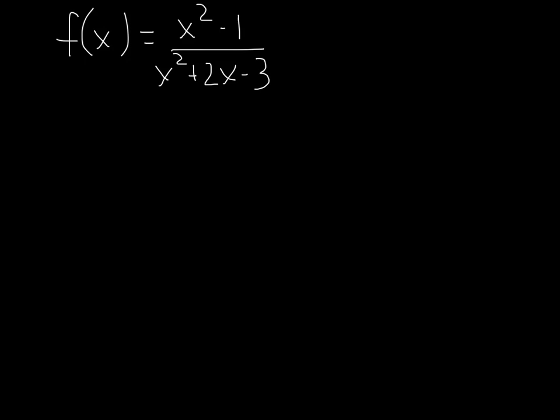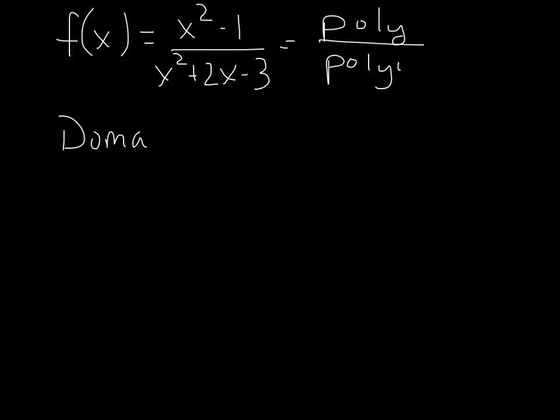So just to review what we've done, this is a rational function, x squared minus 1 over x squared plus 2x minus 3, a polynomial all over a polynomial. When we have this, some new things occur. Domain is always as usual, but in our domain we now have two different things. We have removable discontinuities versus non-removable, and both look different on the graph.